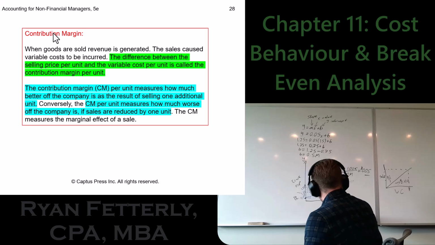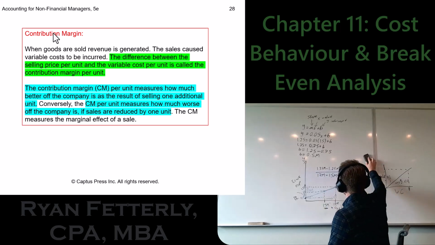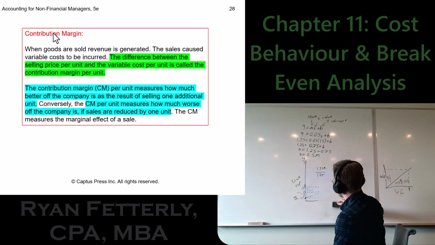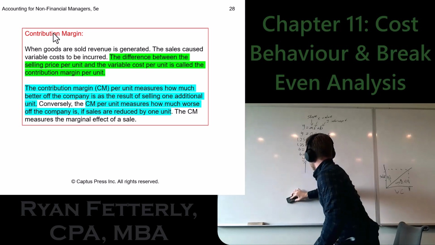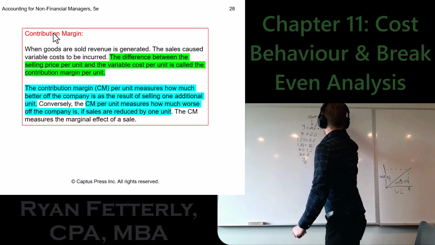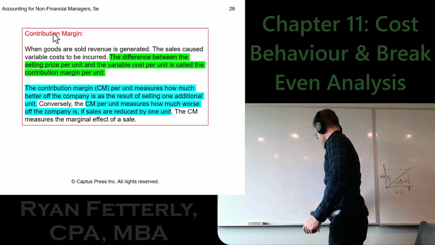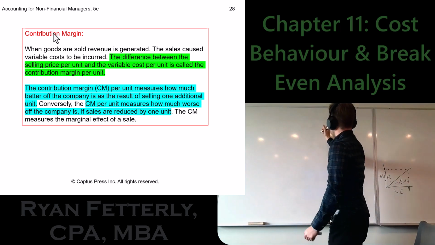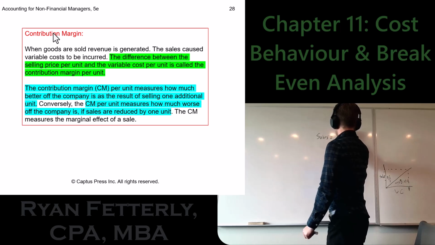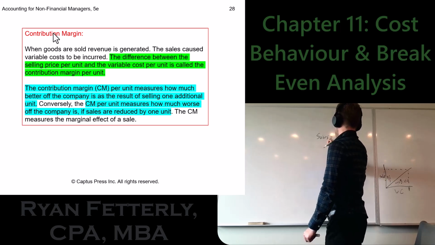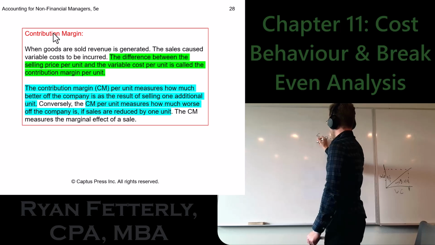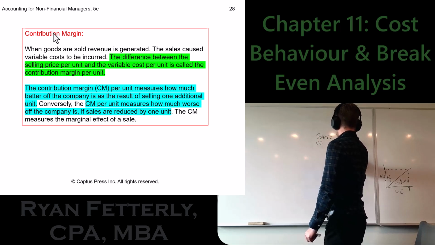So just as a recap, what this looks like is this. I go my sales, and say my sales are, I don't know, $1, and this is on a per unit basis. I'm using some of my original numbers. Then my variable cost is going to be 40 cents, 0.4.